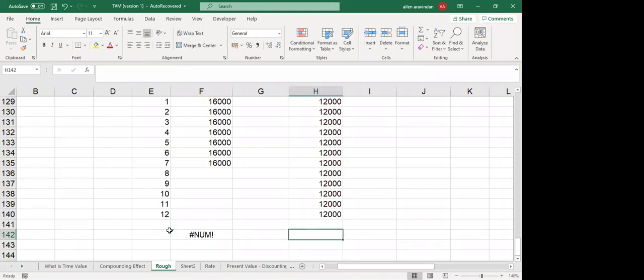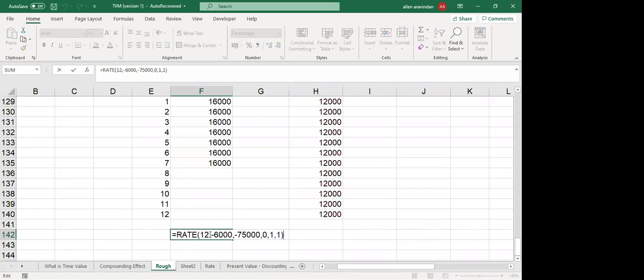Not 12%, somewhere around 19% is what should come here. Oh, I think I took 6,000. Sorry. 16,000 is what I'm getting, and 75,000 is what we invested.